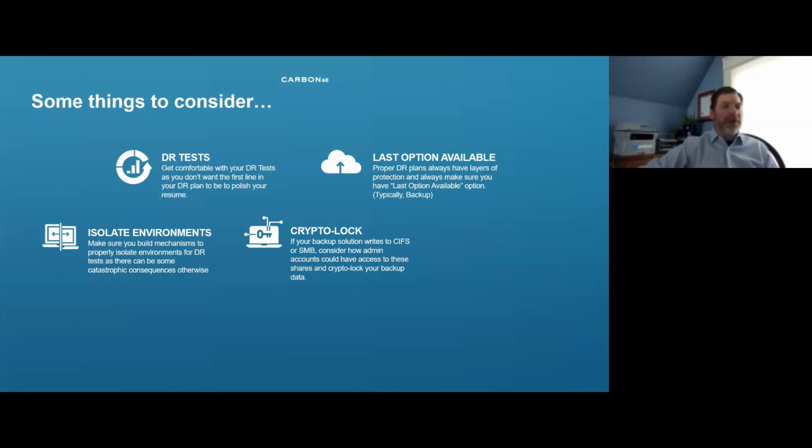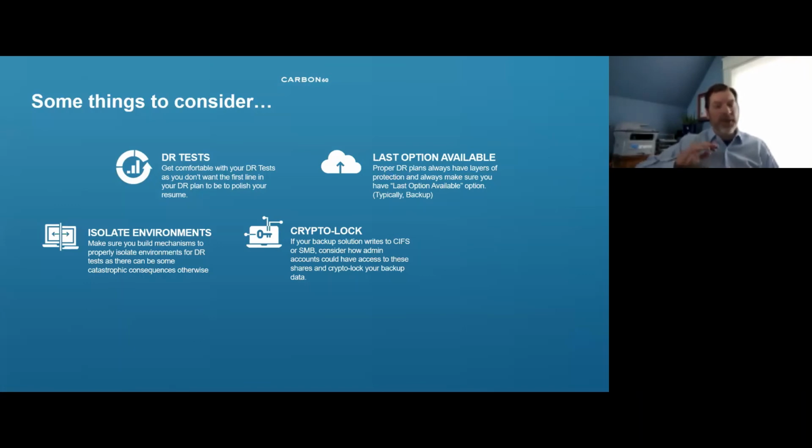CryptoLocker: if you have a backup solution that writes to CIFS or SMB, consider the accounts, and find a way to isolate those accounts that would have access to the same shares as the backup. I've witnessed several companies completely destroyed by CryptoLocker because an admin account got compromised, and that admin account had access to the CIFS shares that their backup tool was writing to.